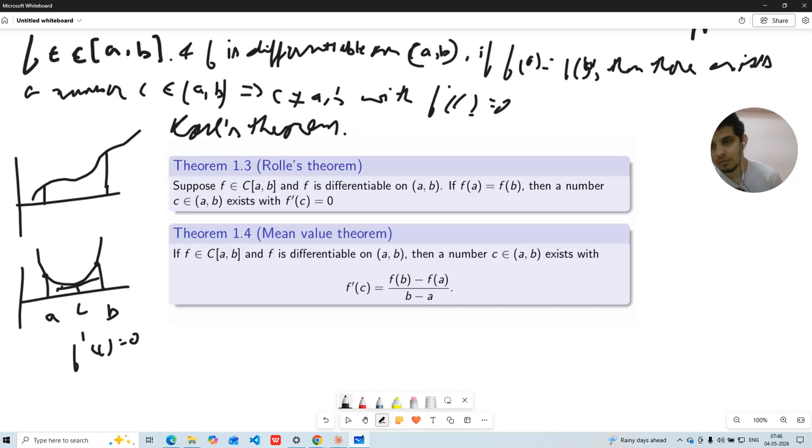How else could we make f(a) equal to f(b) if there is no point where the slope is equal to 0? For example, if I have such a function, with a and b having the same value, there exists a point c over here where f'(c) equals 0.